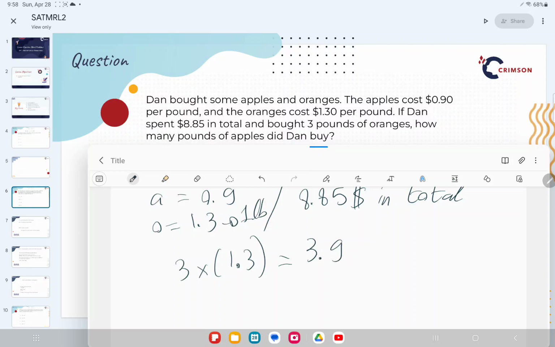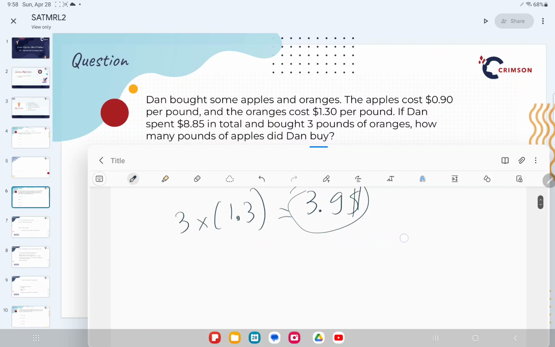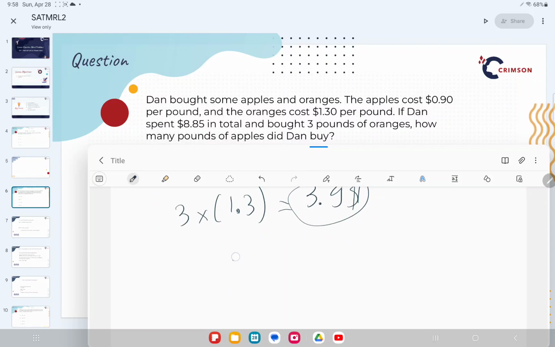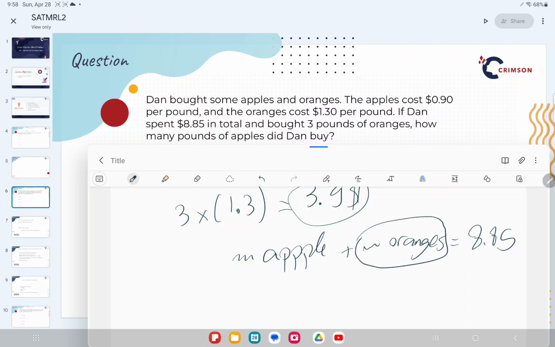If we want to write an equation, I know that whatever I bought for the apples and whatever I bought for the oranges is going to be equal to 8.85. Now I know how much he spent on oranges, which is 3.9.